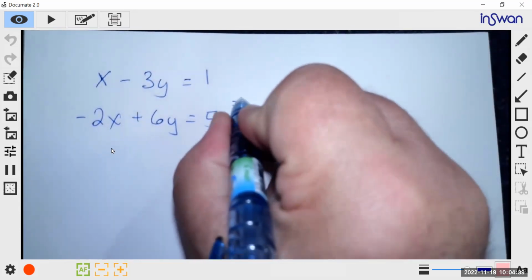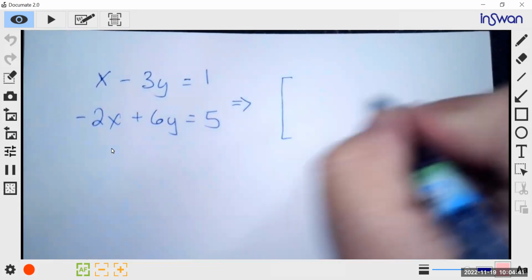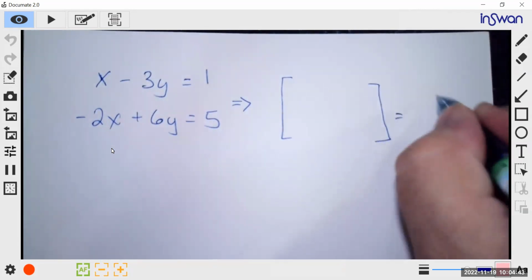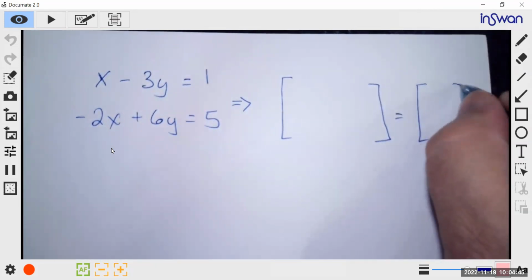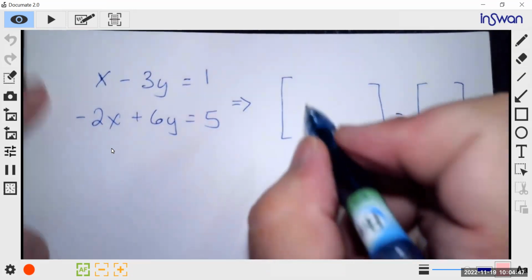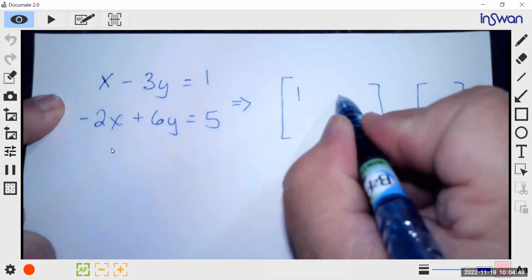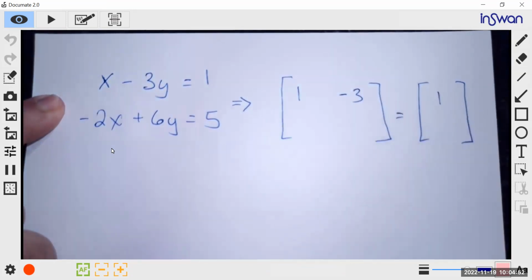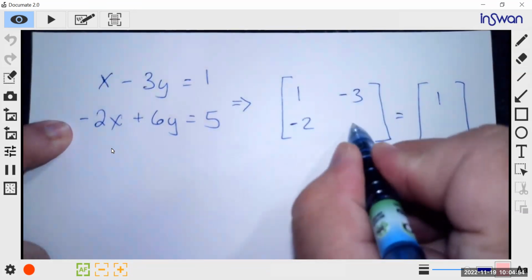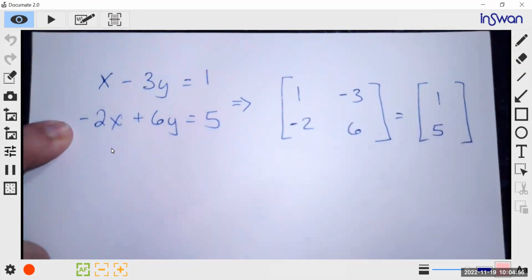So first thing, let's create our matrices, the coefficients only. So it's 1, negative 1, and 1. Negative 2, 6, and 5.